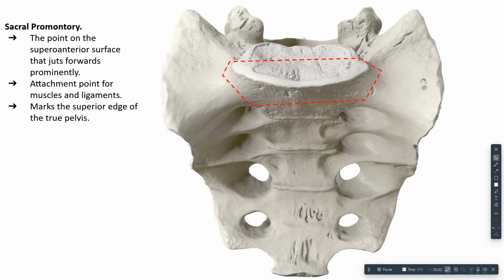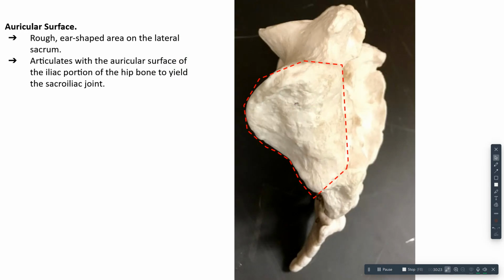This is where I would articulate with a lumbar vertebra, and this part juts out prominently anteriorly, and this is called the sacral promontory. Muscles attached here, ligaments attached here. It's an important obstetric landmark as well. Now, if I rotate the sacrum to the lateral view, I see this rough surface right here.